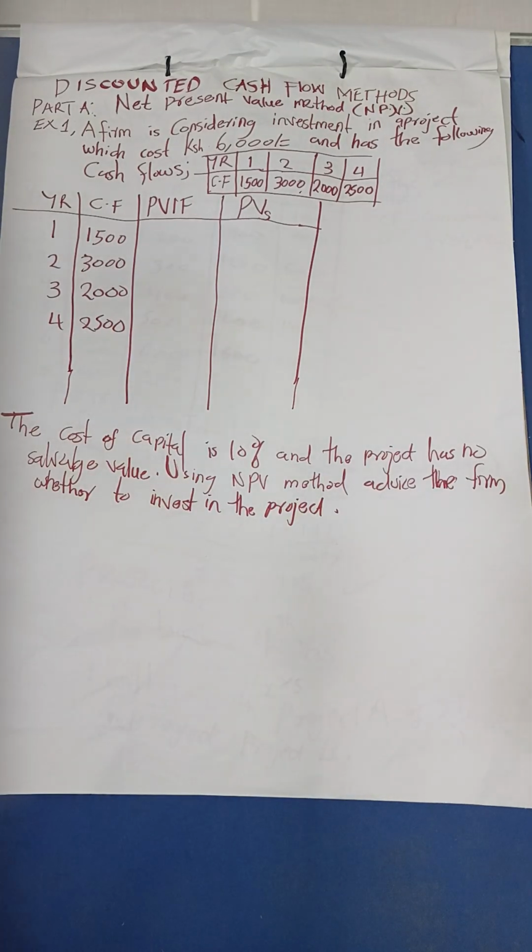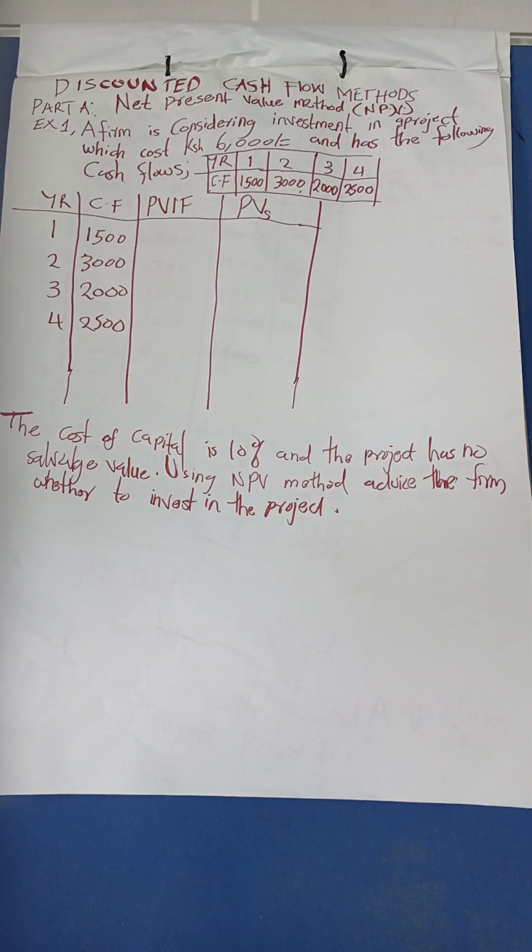So we have to advise the firm if it can invest in the project using the net present value method. This is the area I will take my time to explain to you because it's the foundation of the modern or discounted cash flow methods.